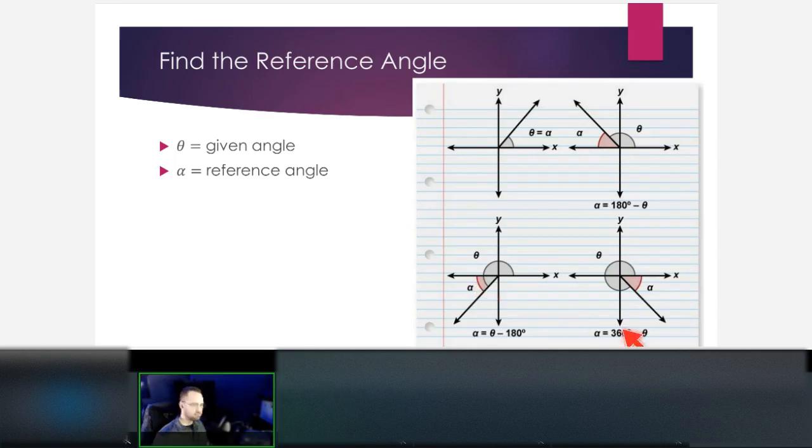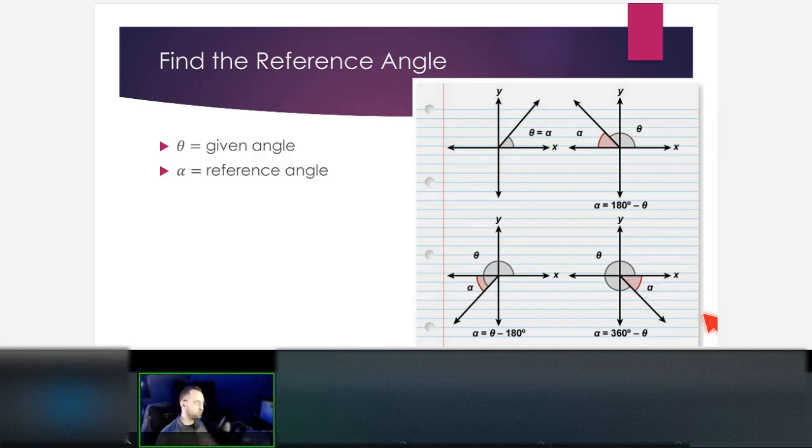I think it makes sense. Seeing is believing, right? And lastly, in quadrant 4, to get the reference angle alpha, you take 360 degrees, a full rotation, and subtract out theta, the given angle. So 360 minus the given leaves us with just this piece here, which is the reference angle.